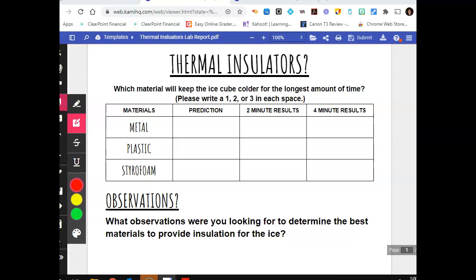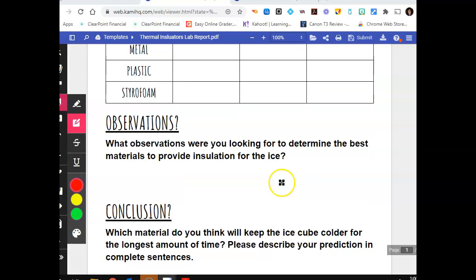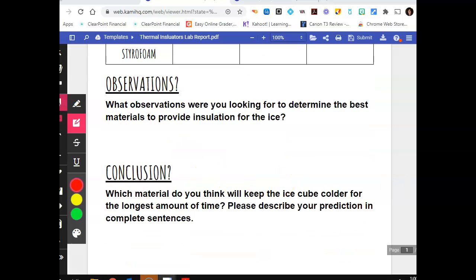You should have the table filled out based on your prediction, our 2-minute results, and then our 4-minute results. Now you're going to go down here, and somebody asked me earlier, how do you add a text box?